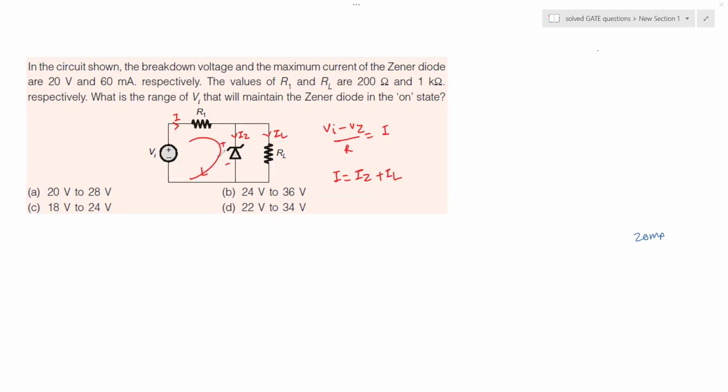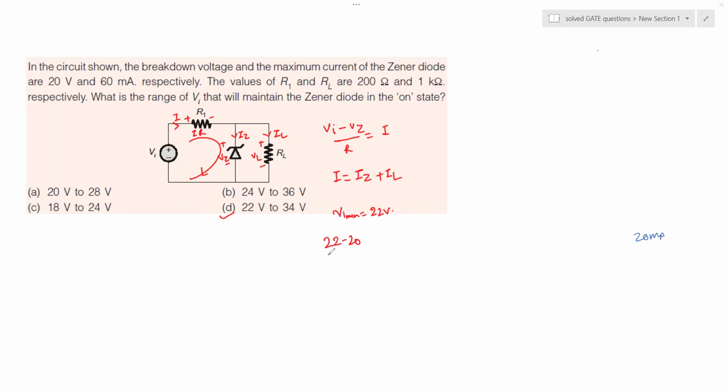Voltage across here is VZ, voltage across here is VL, and obviously voltage across the resistor is I times R. So if we see option D, for example, let's say VI min is equal to 22 volts.